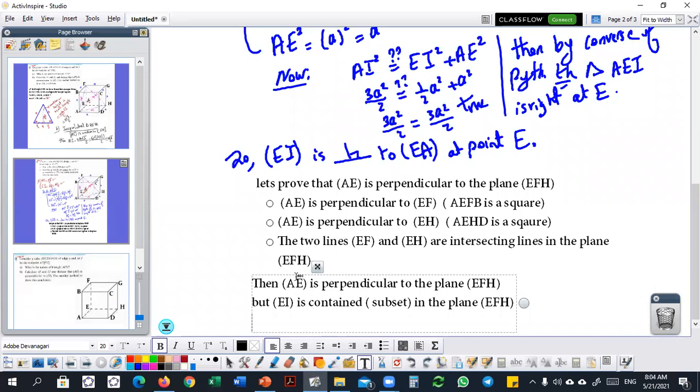EFH. Okay. Then these are connected at E, right? Then AE is perpendicular to EH. To what? To EH. Clear, guys?